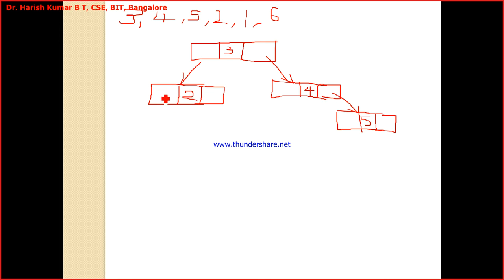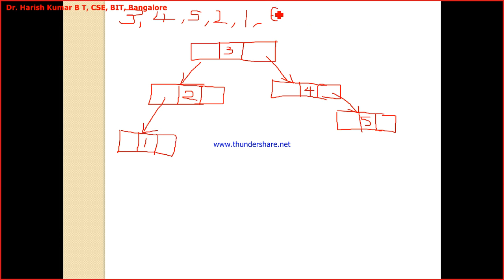I don't have to travel because this is null, because after this 2 there are no more nodes, no left subtree and no right subtree. Now I understood it has to be inserted towards the left side of the node 2. So I assign the info field as 1, and here I store the address of this node.